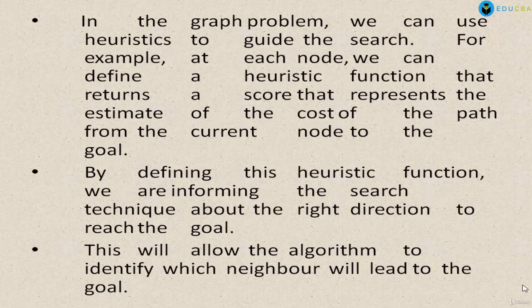And by this you can find the optimal path, and also we can eliminate some options. By defining this function, we are informing the search technique about the right direction to reach the goal. This will allow the algorithm to identify which neighbor will lead to the goal. And in this way, our process is speeding up.